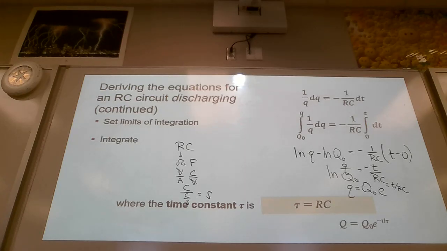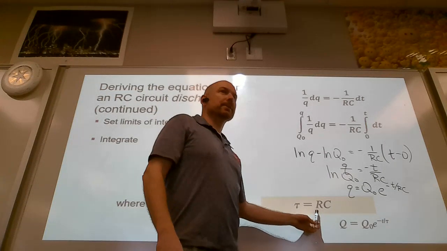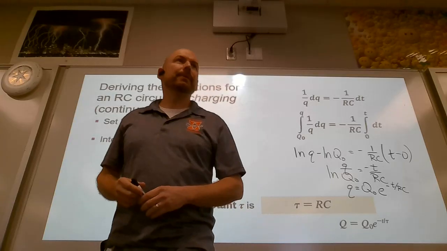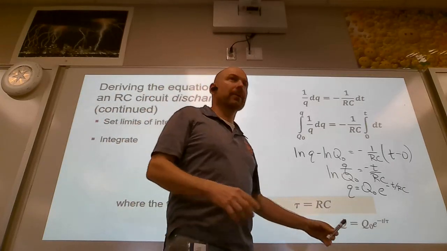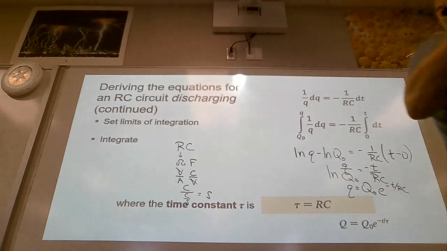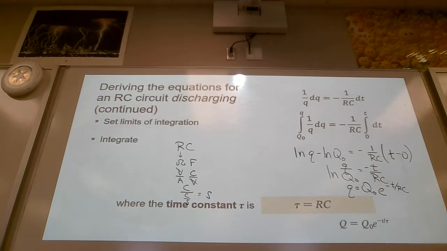It's a measure of how quickly the capacitor discharges or charges. It's a time, which is dependent upon your resistance and the capacitance. The higher the resistance, the slower current is going to go through there. The bigger the capacitance, the more charge can be held on the capacitor. Good with that?